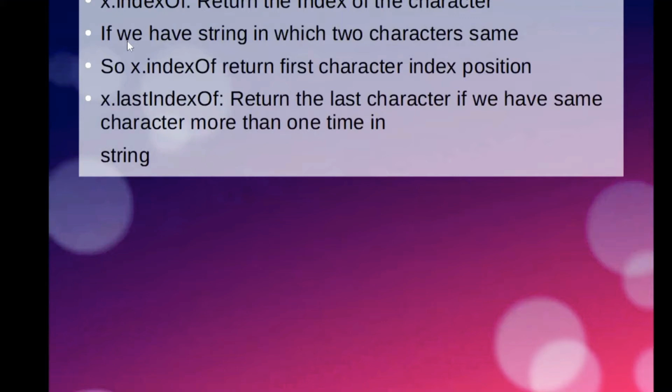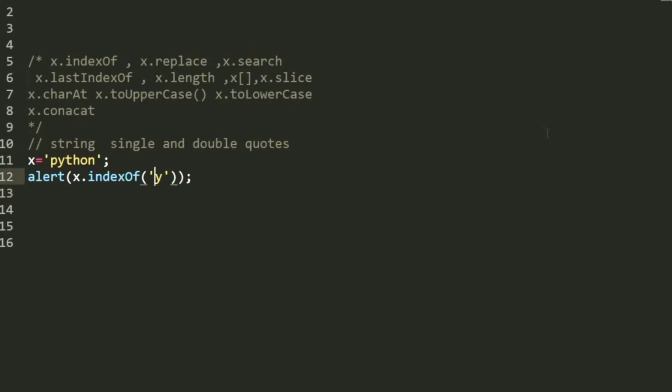We have one important point. If we have a string in which a character appears twice, x.indexOf returns the index position of the first occurrence. Let me explain this concept also.